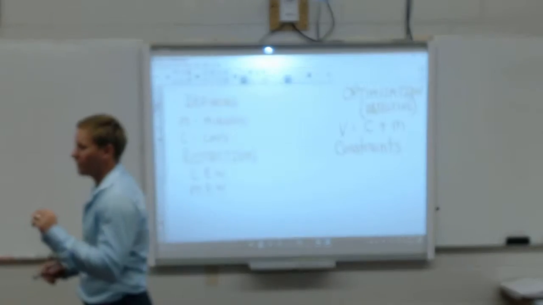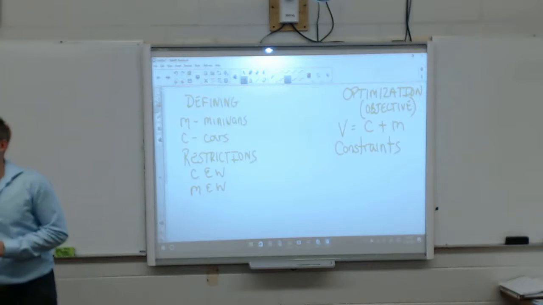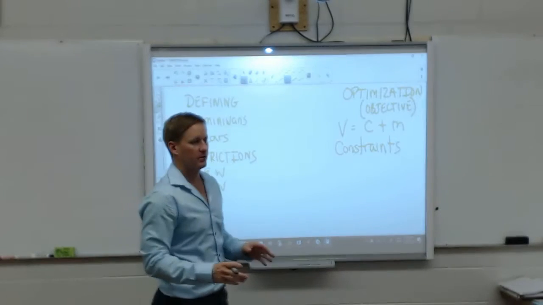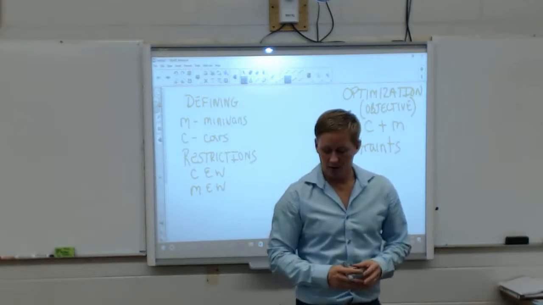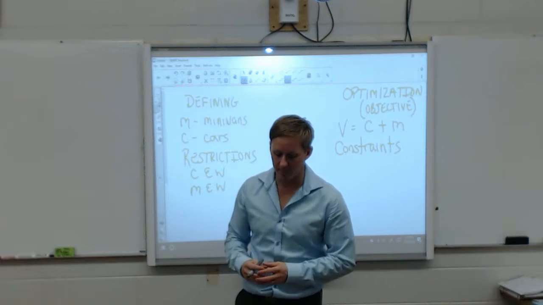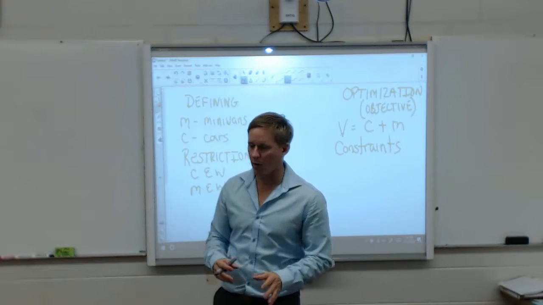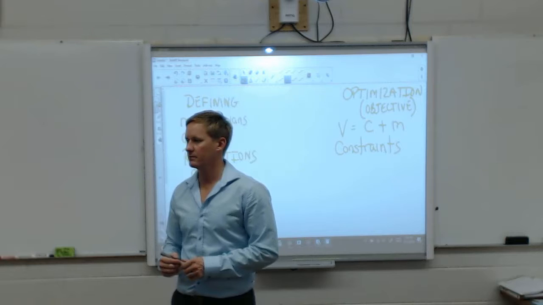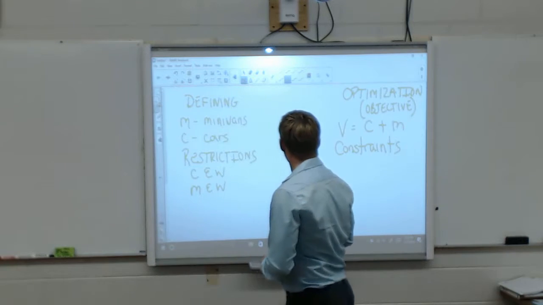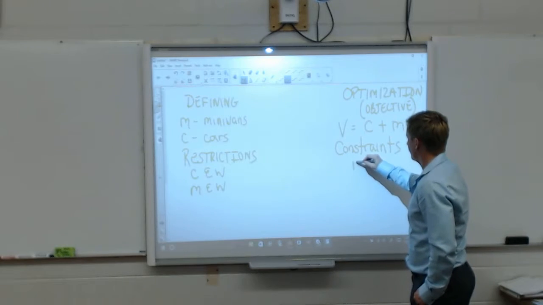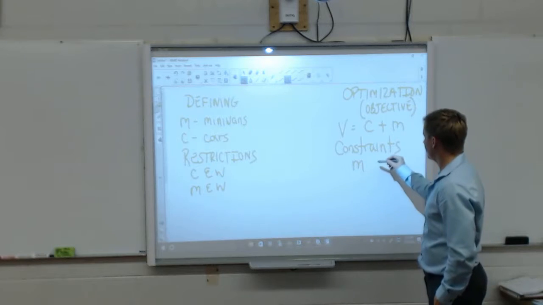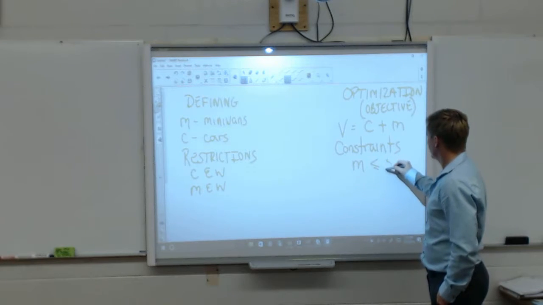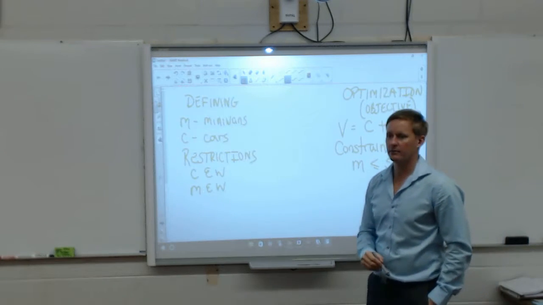The next thing I want to look for is statements that jump out at you, that list your constraints. So one of the statements that jumps out at me is it says no more than 5 minivans. Okay? So then I put here, minivans has to be less than or equal to 5.